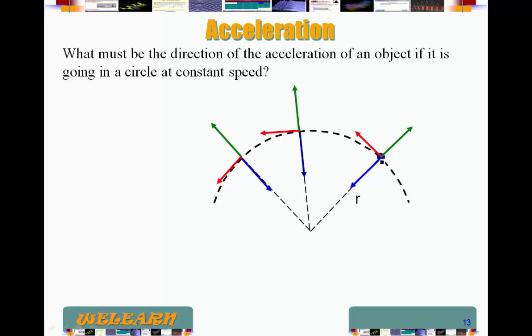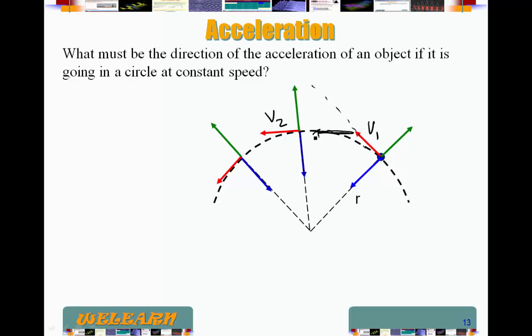Okay, now if you examine what's happening for an object, in this case it's going in the counterclockwise direction, you notice this is v1, velocity at one instant. A little later, this is the velocity v2. As you notice, one arrow is pointing this way, then the next arrow is pointing like this one here.